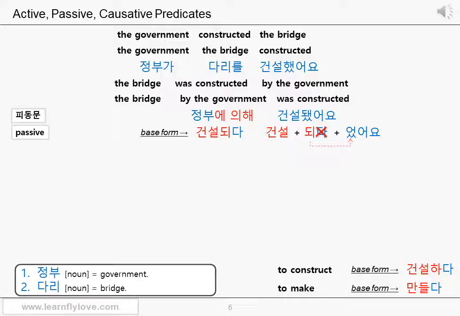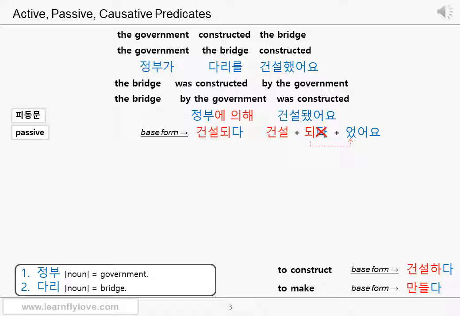The particle 에게 and 한테 have the meaning of to or into. If you use the particle 에게 for this sentence, 정부에게, it would rather sound like the bridge is constructed to the government or on the site of the government property or something. School grammar teaches you that 에게 is used to people or animals. Yes, it's true, but you can use 에게 for non-living things too in many cases.